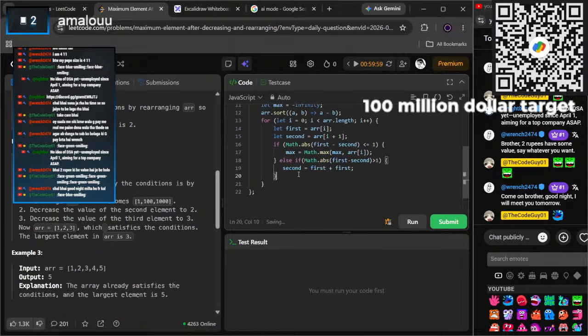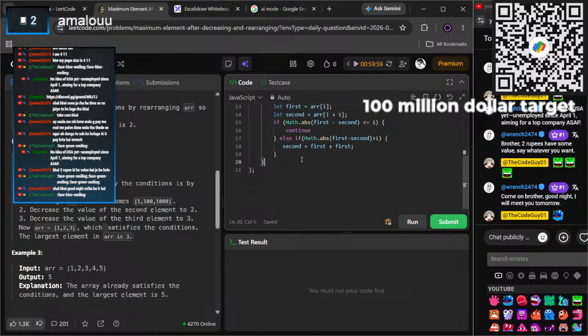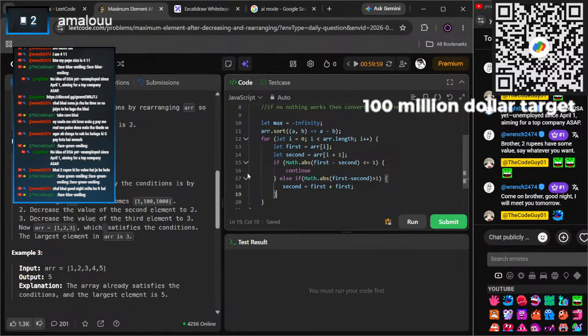What will happen if I do this thing again? And after doing everything, I need to get the maximum, right? Will this thing get me the maximum? I don't think so. After operations, we need to get the maximum. If it is there, then we are going to continue, and I don't think we need a flag here. After doing the second one, I'm going to get the maximum at the outer part.